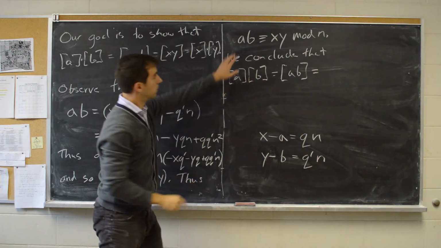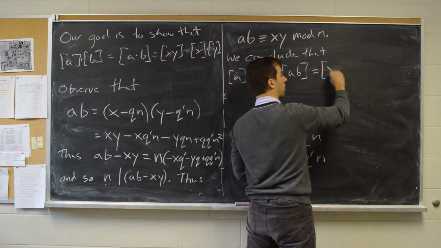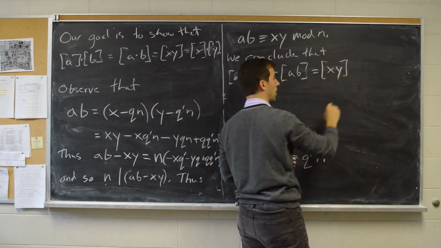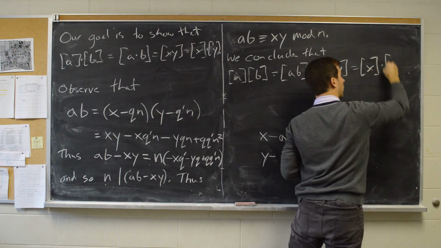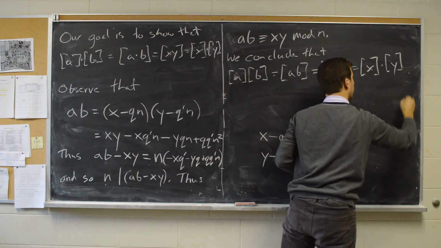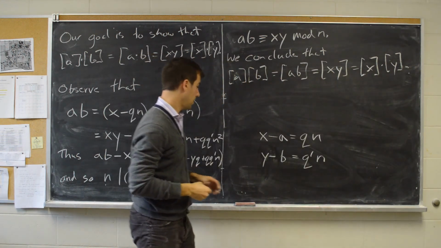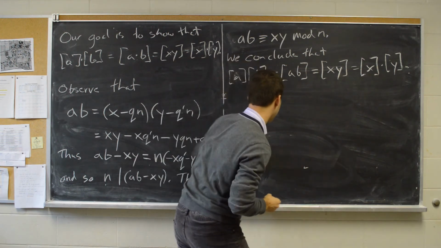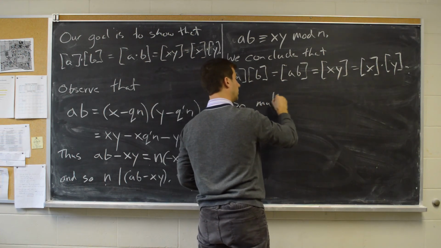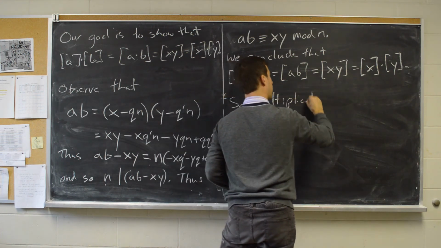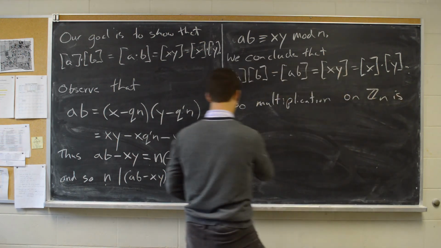And now from this congruence here, we know that this is the exact same congruence class as the congruence class of x times y. That's the congruence class of x times the congruence class of y, just by definition of multiplication of congruence classes. But what we're really saying, so multiplication on Zn is well defined.